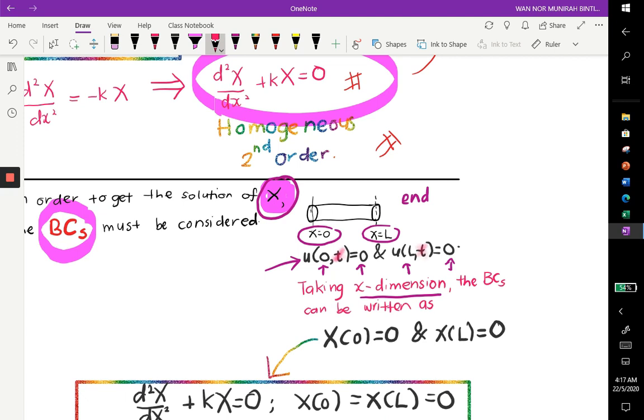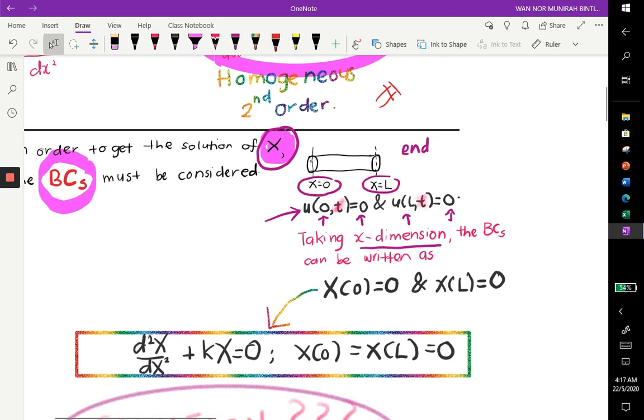We just take into consideration the dimension of x only, so we can rewrite our boundary condition as X when small x equals 0 and X when small x equals L, both equal to 0.